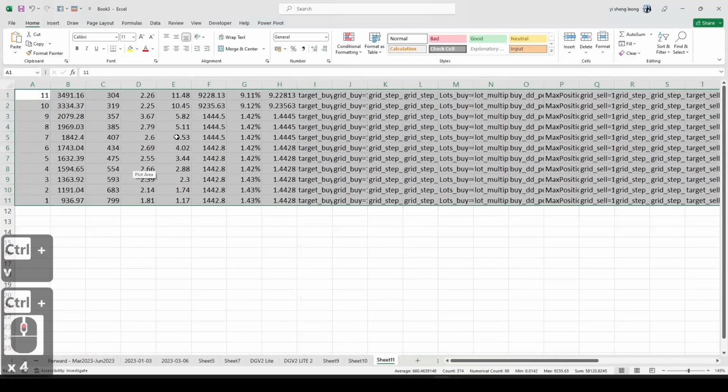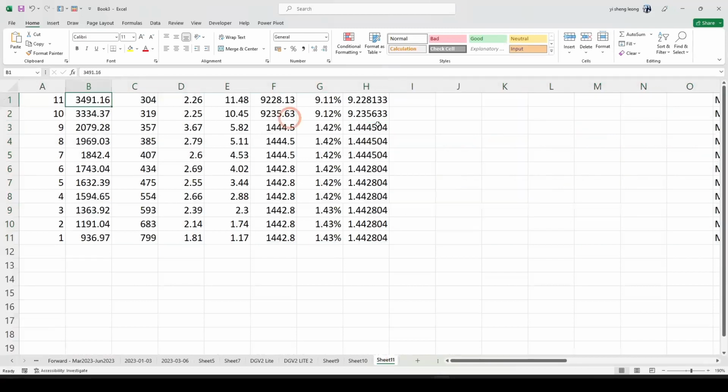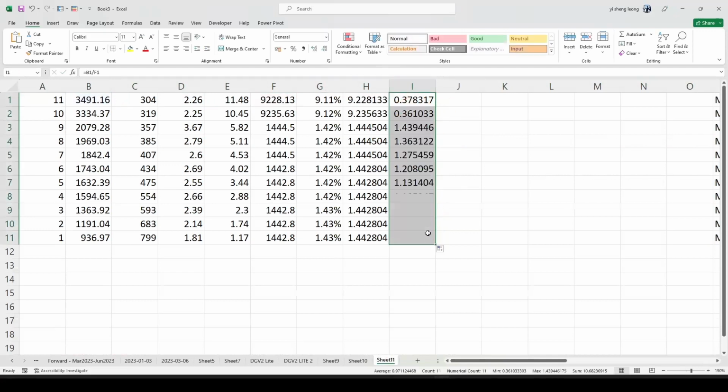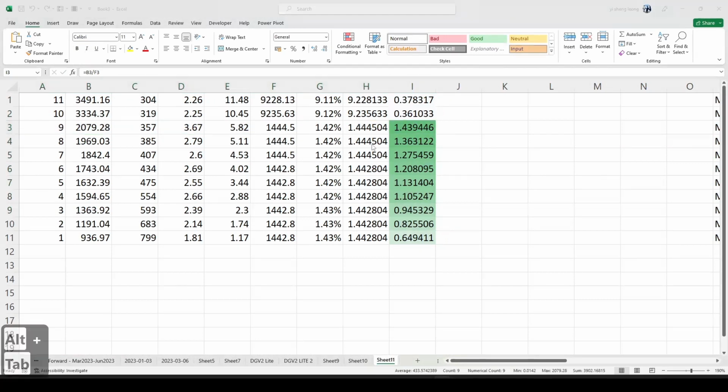Now this is profit, so you take profit divided by drawdown, then you should get this number. We will take the one that is most positive. So the answer is number 9, because number 9 has the greatest profit while the drawdown is also lesser.